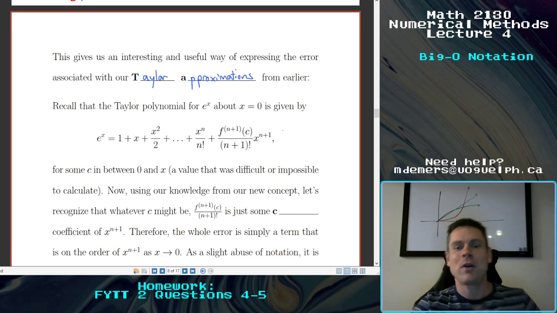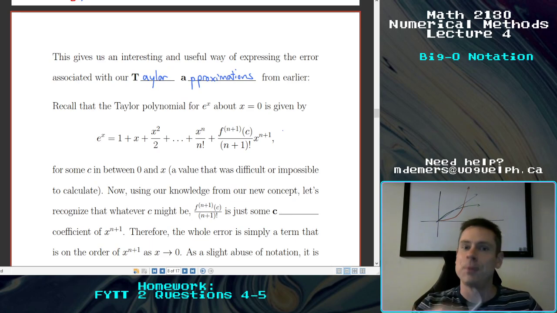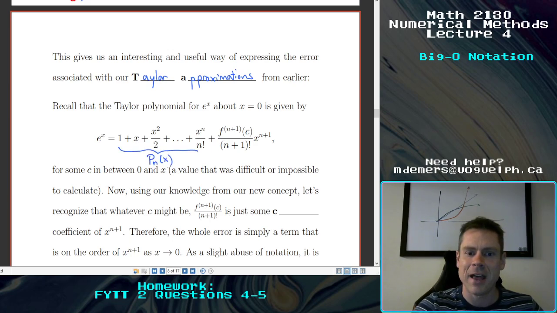Okay, so I would like to just have you recall for a second our example from back in the Taylor polynomial section from 2 lectures ago. Recall that the Taylor polynomial for e to the x about x equals 0 is given by this. This was our Pn of x, if you remember.